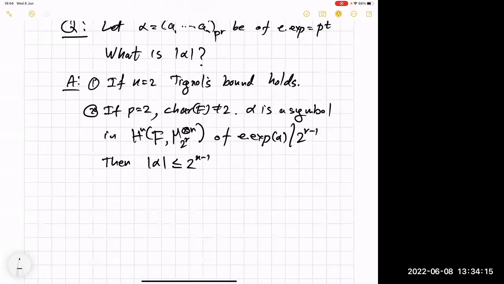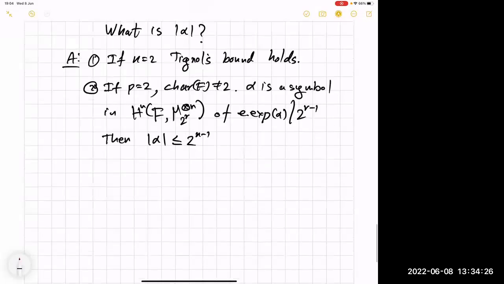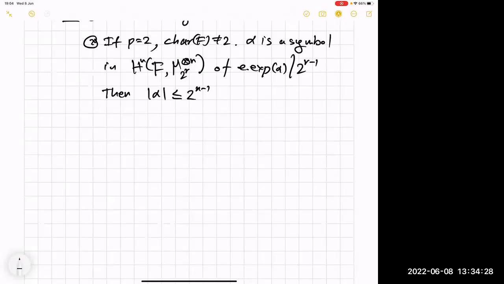The proof of this is really using Pfister forms. It's quite basic if you know the theory of quadratic forms, but it was nice to write it down like that. In this case of p equals 2, I can also do something a little bit more.